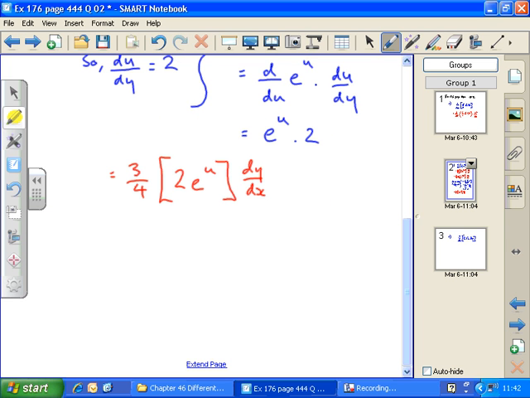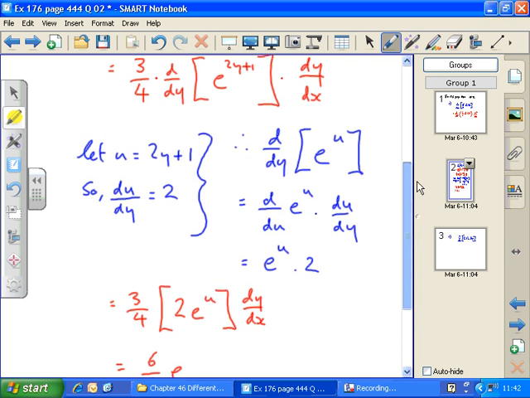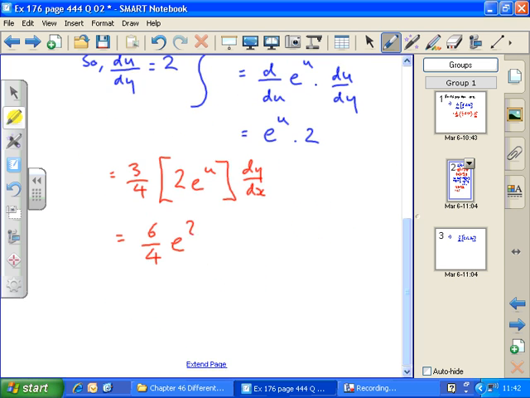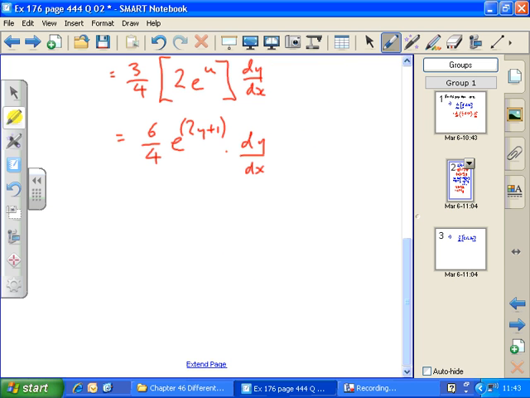Tidying up, 3 times 2 is 6 over 4. E to the u, and u is 2y plus 1, times dy by dx. I can tidy that up a step further. 3 over 2 e to the 2y plus 1 times dy by dx.